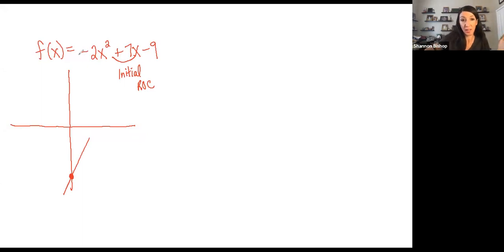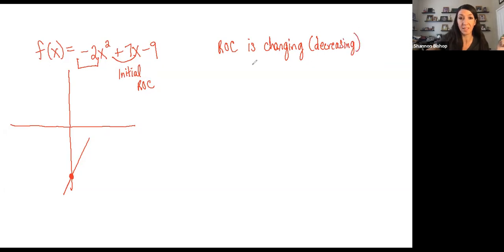So in this particular case, notice my A value is -2. So that tells me that my rate of change is then changing. In this particular case, it's decreasing exactly 4 units per unit.